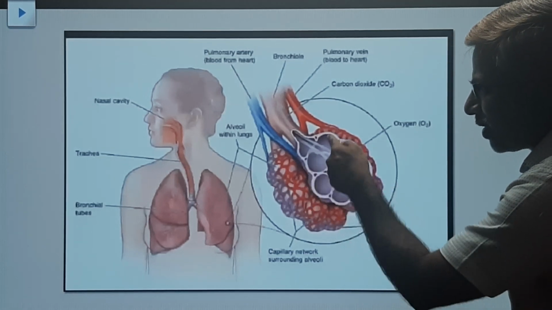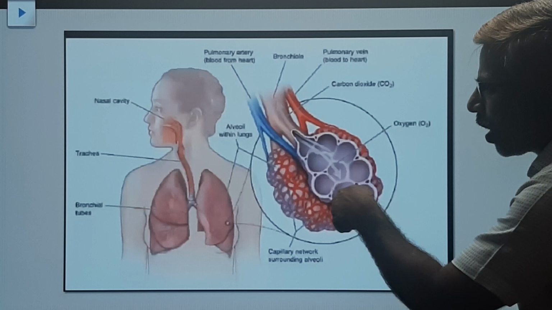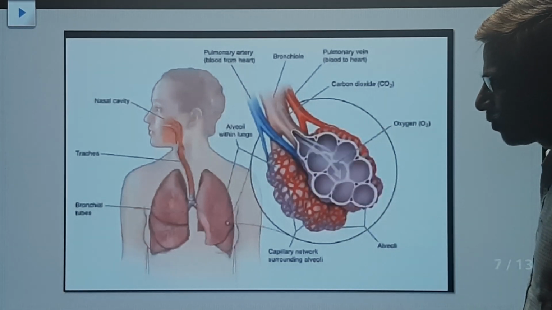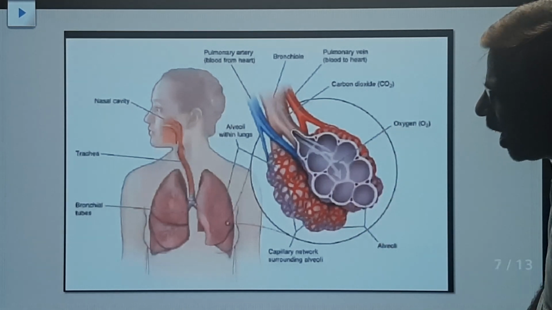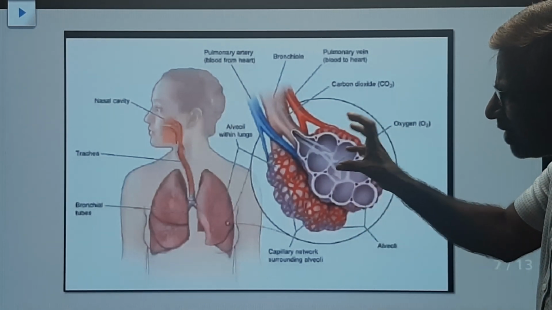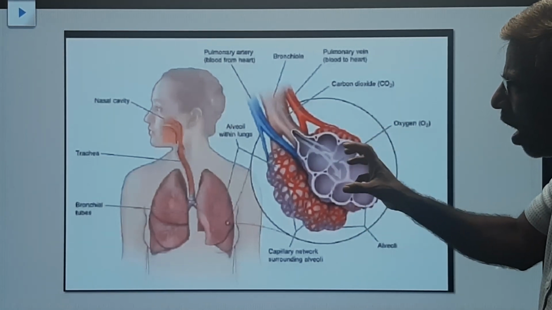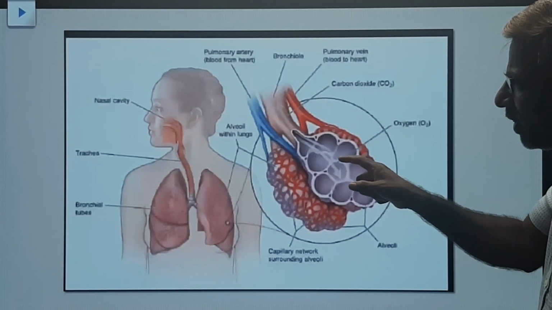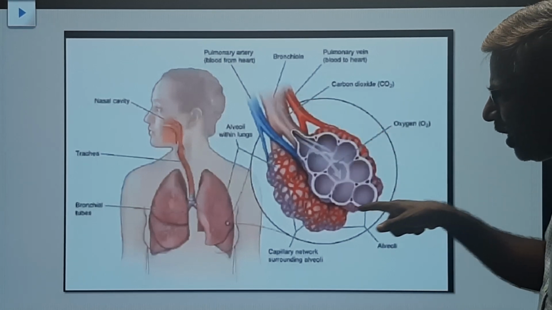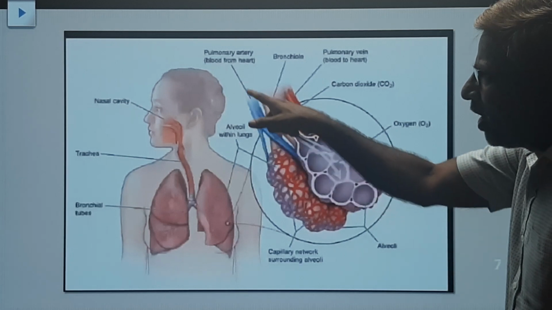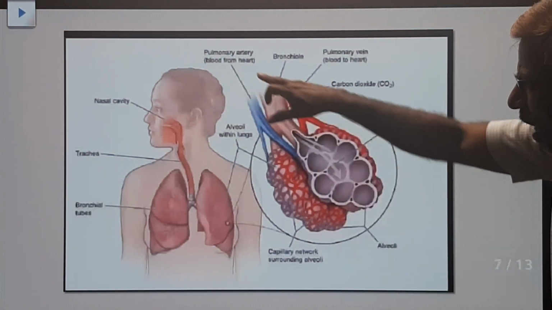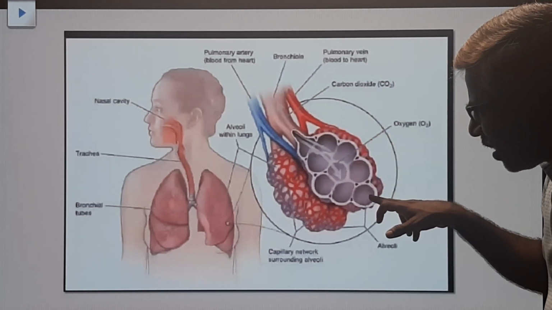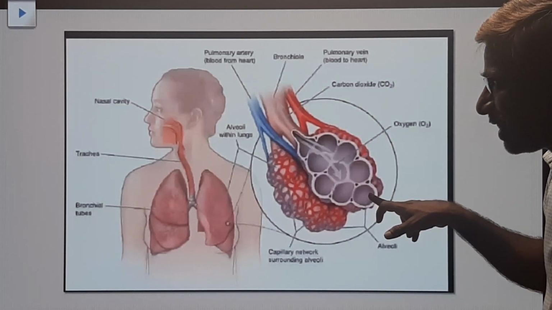These are sac-like structures, alveolar sacs, appearing like a bunch of grapes. These clusters of alveoli are supplied with pulmonary arteries as well as pulmonary veins. These are the end structures of the lungs.